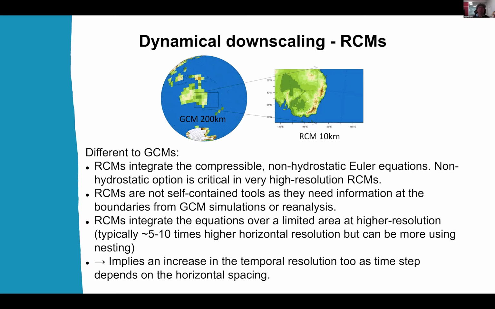But because we're solving on a grid, for numerical stability we also need to solve using a smaller time step. So as we increase our horizontal resolution, we have to decrease our time step. That means a doubling in the horizontal resolution might be 4 times more compute power, because we've had to halve our time step as well.